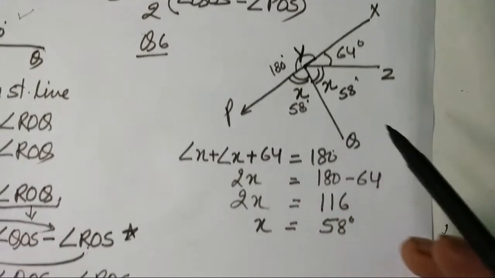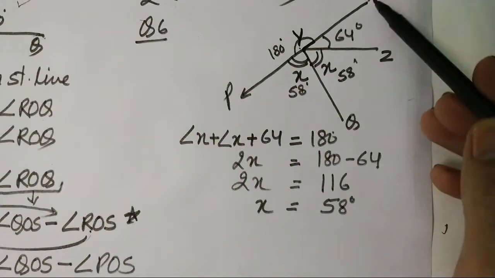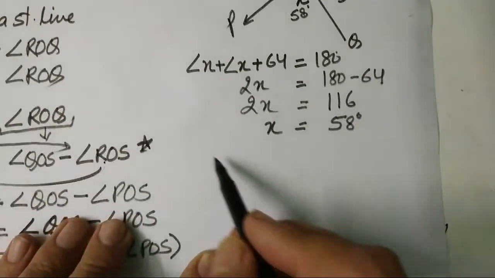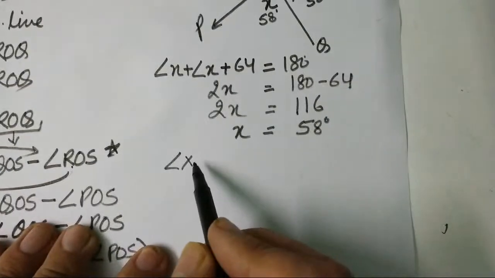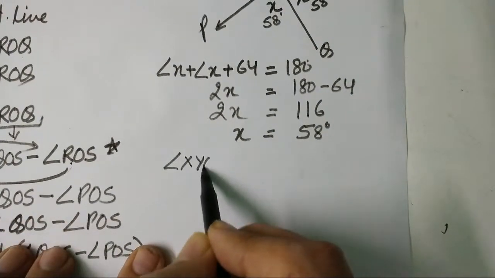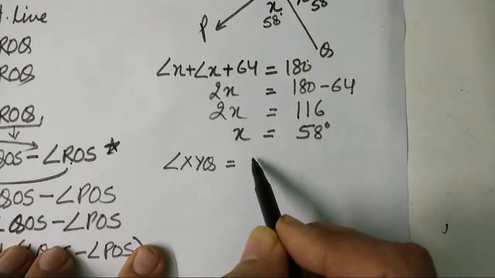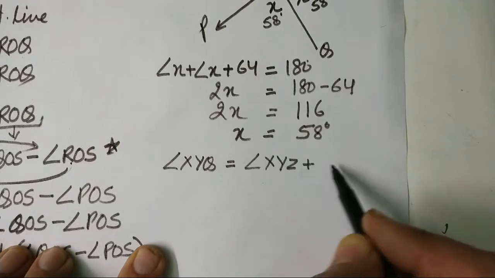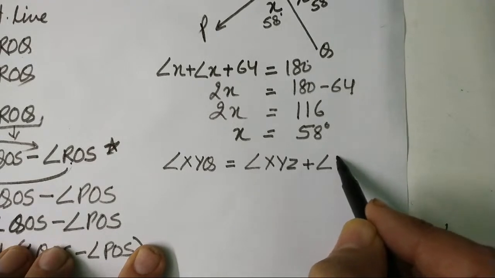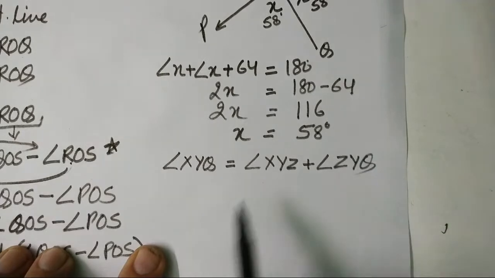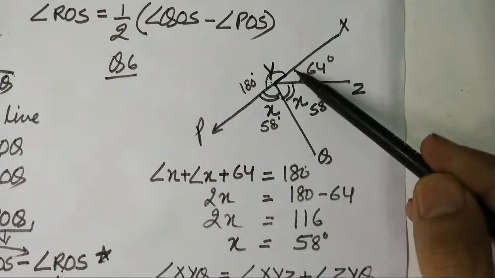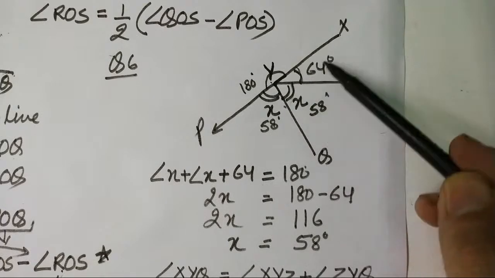Now it is given to find angle XYQ. So what is XYQ? Angle XYQ will be the sum of angle XYZ plus angle ZYQ. These are the two angles. XYQ is made up of the first angle and the second angle. So you just add them.